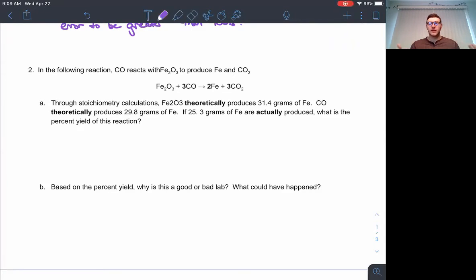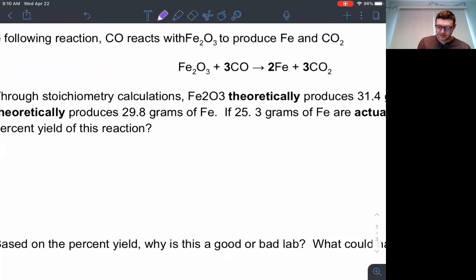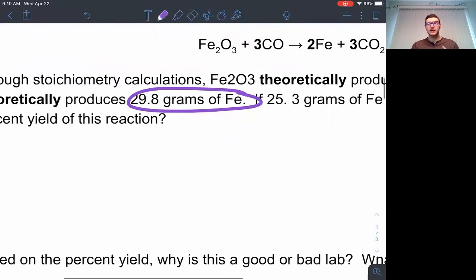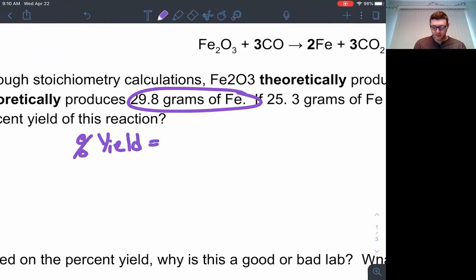Again, remember that we have to think about limiting reactants and which one limits the amount of product we can make. And yes, you guys are right, the 29.8 grams of iron is our theoretical yield, because once we run out of that carbon monoxide, no more reaction can happen. So if we do our percent yield, we have our actual yield divided by our theoretical yield, and we multiply it by 100.